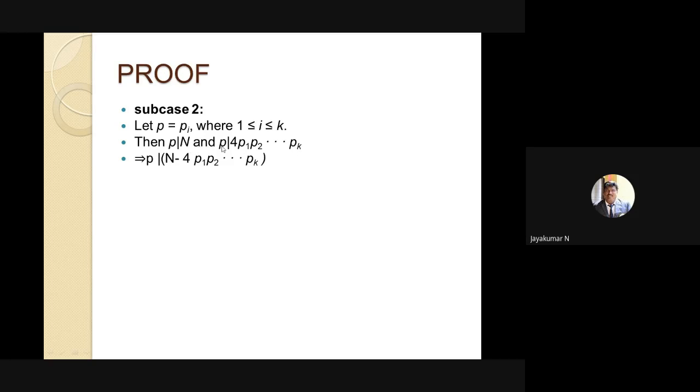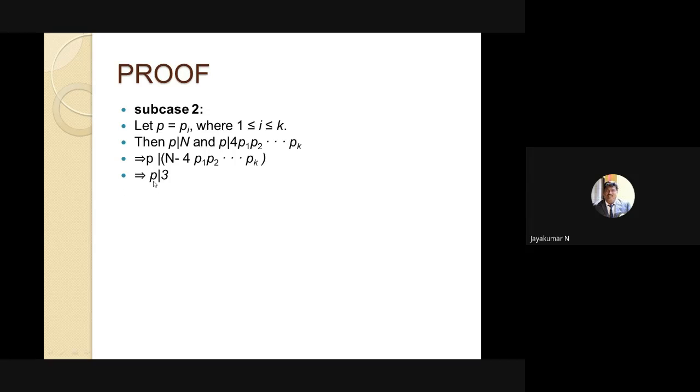If A divides B and A divides C, then A divides a combination of B and C. So P divides n, and P divides 4 times P1, P2, ..., Pk. Definitely P divides n minus 4 times P1, P2, ..., Pk, which means P divides 3.